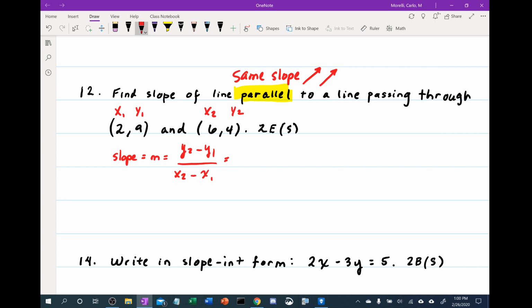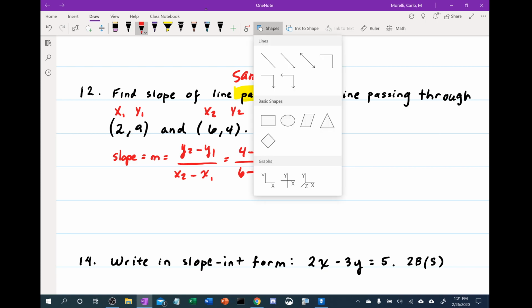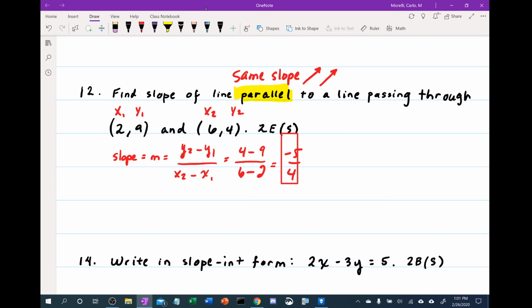Just plug it in. 4 minus 9 over 6 minus 2. 4 minus 9 is -5. 6 minus 2 is 4. So the slope is -5 over 4. That's the answer. You're done. Oh, that doesn't look good. Okay.